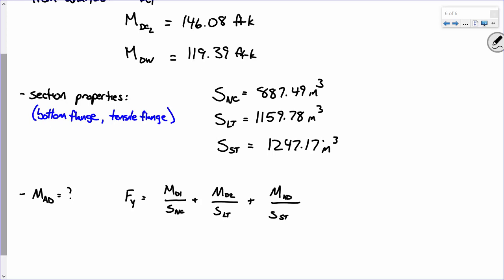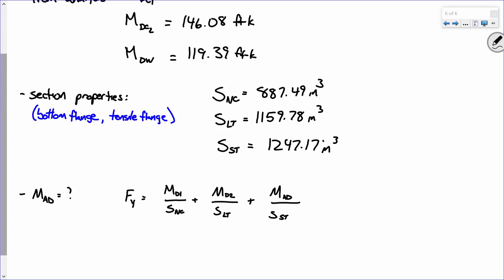Now let's test your memory banks a little bit. DC1, which section is DC1 applied to? Steel only, the non-composite section, okay? So I propose that MD1 is going to consist of that DC1 moment. What loads are applied to the long-term composite section? DC2 and DW, right? The additional moment goes on that short-term section.